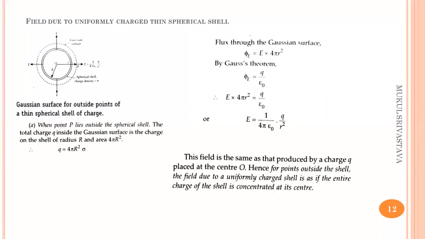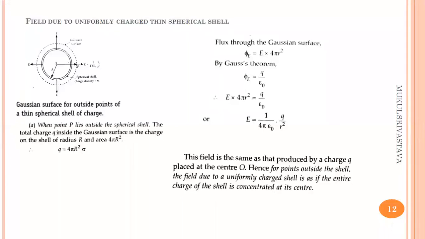Now at P, the electric field E is given by E equals 1 upon 4 pi epsilon naught Q upon r square. We have to find out this value. First of all, we find the relation between the charge and the surface charge density.